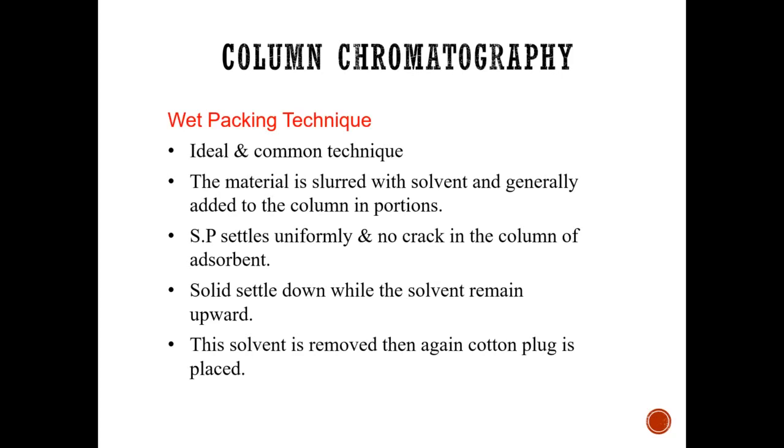Stationary phase settles uniformly and no cracks appear in the adsorbent. Solid settles down well while the solvent remains upward. This solvent is removed, then again a cotton plug is placed on the upper surface of the stationary phase. Then the sample is placed upon the cotton.